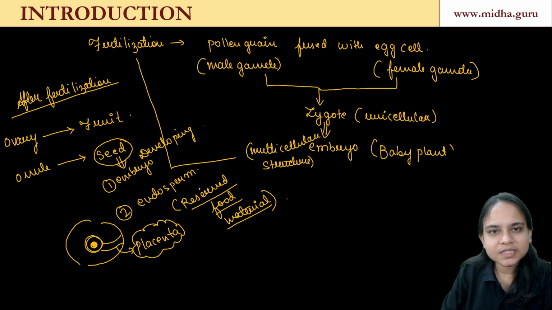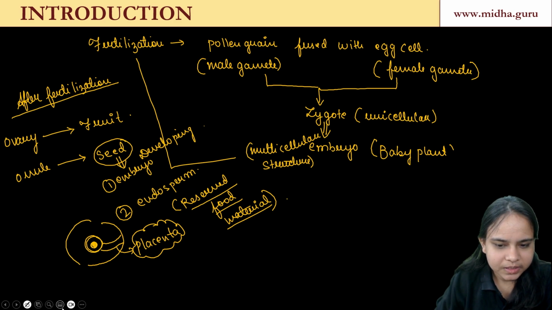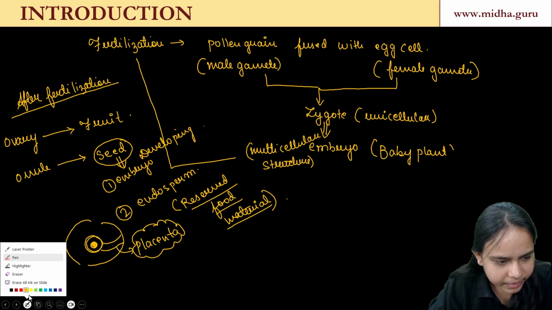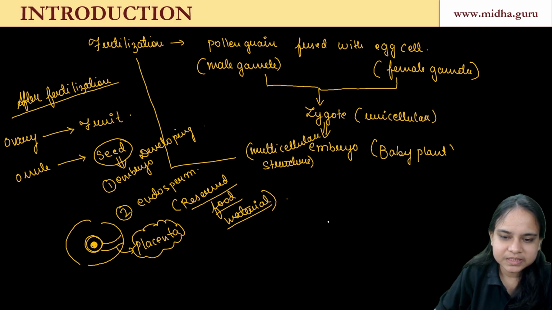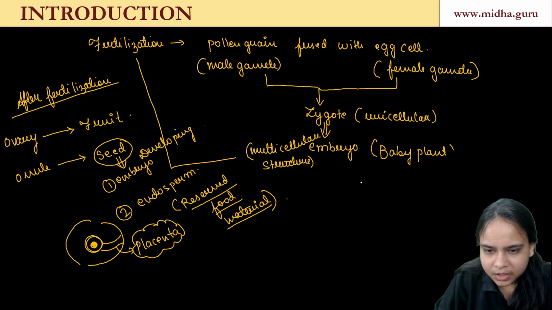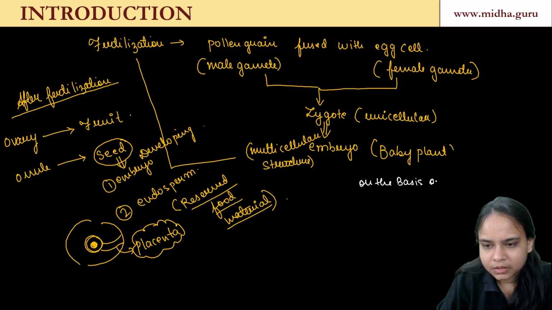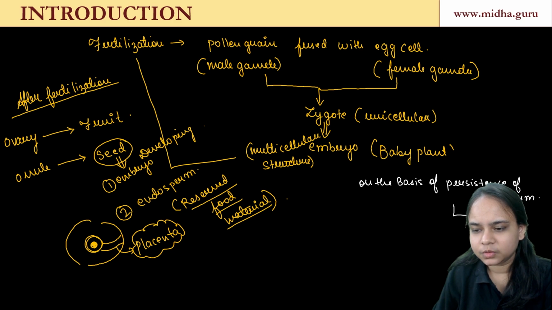So based on the persistence of endosperm, seeds are divided into two types. Okay, let's see this. On the basis of persistence of endosperm, seeds are divided into two types.